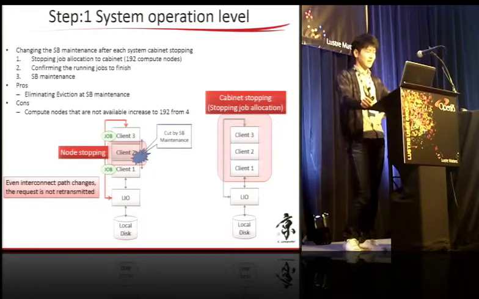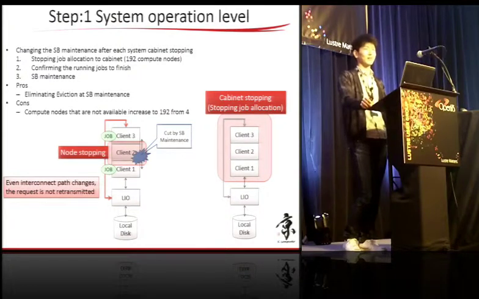After changing the operation of maintenance, we maintain the system board after stopping cabinet or stopping rack. This method eliminates evictions, but unavailable compute nodes increase from 4 to about 200.